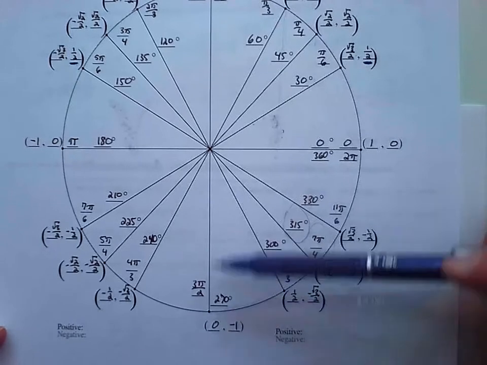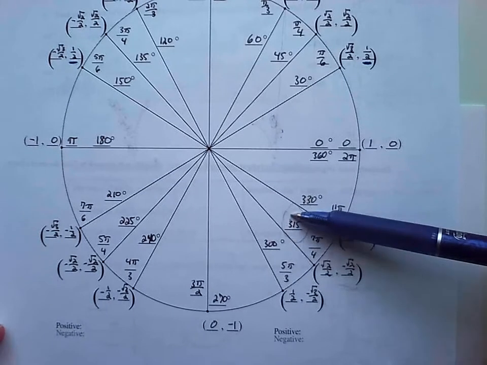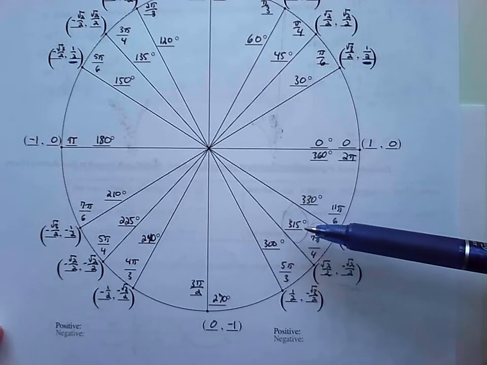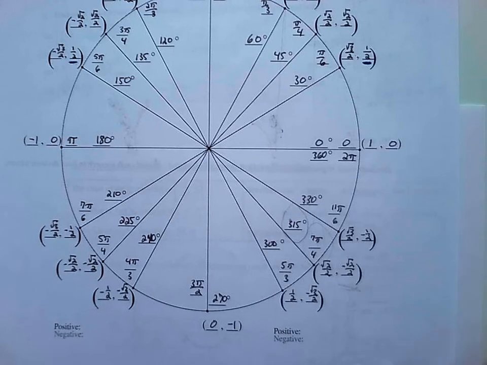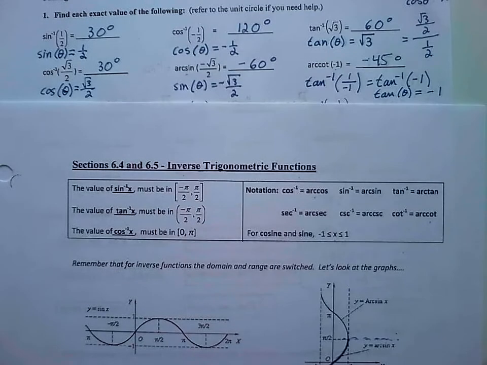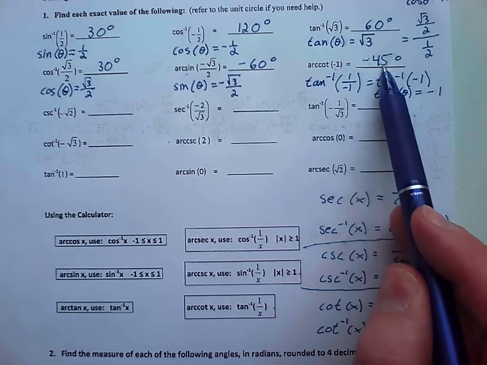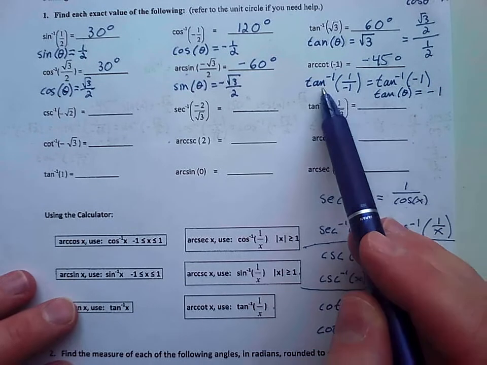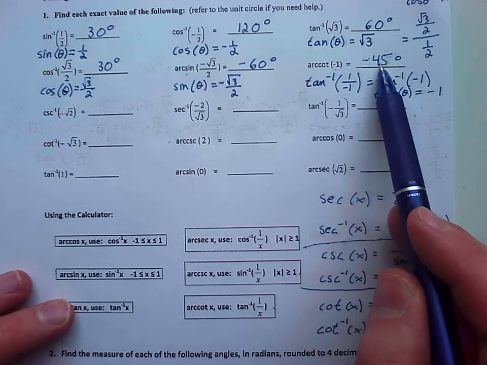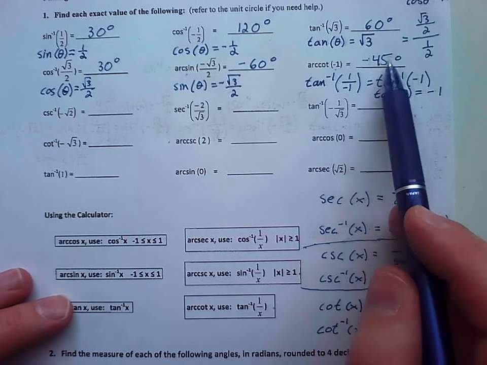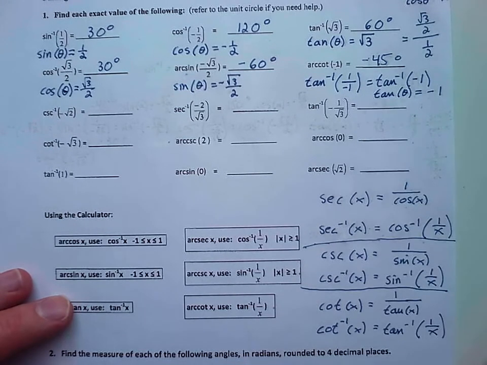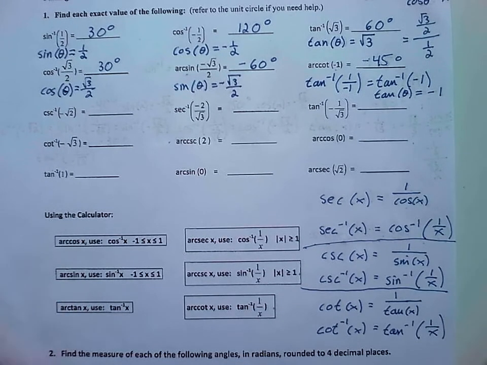And that is between -90 degrees and 90 degrees. So 315 degrees is just the same thing as -45 degrees, which is good to go for us, since we need to have the arctangent be between negative 90 degrees and 90 degrees. So this is negative 45 degrees, not 135 degrees.